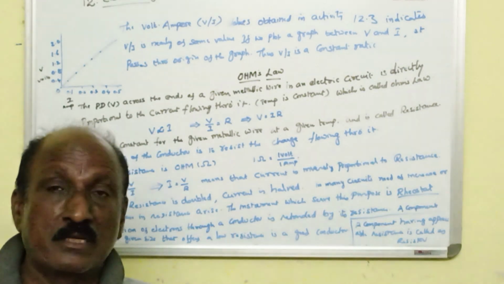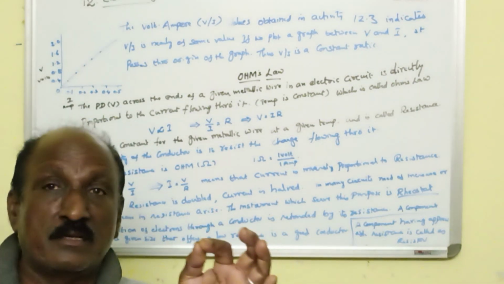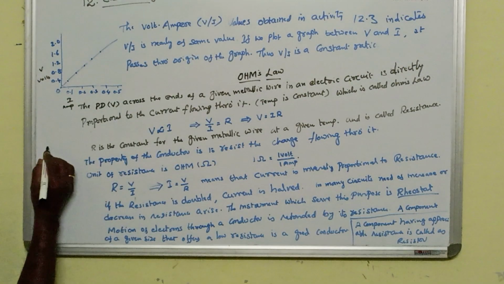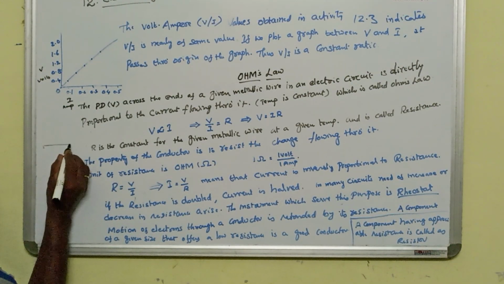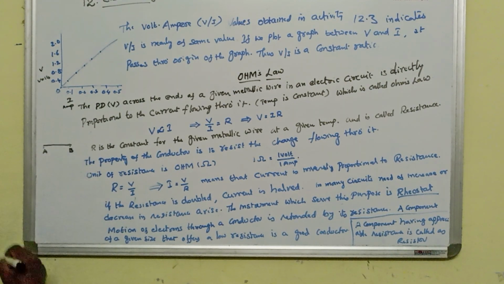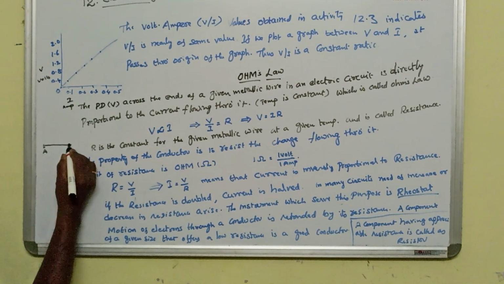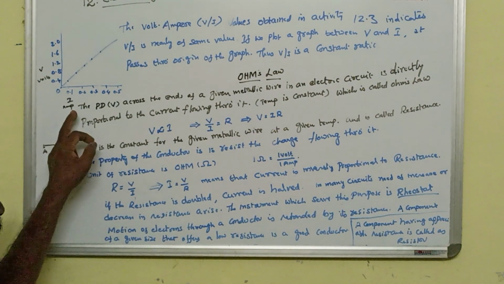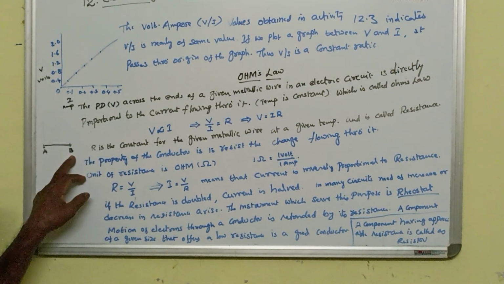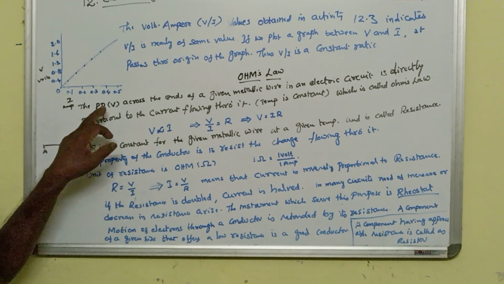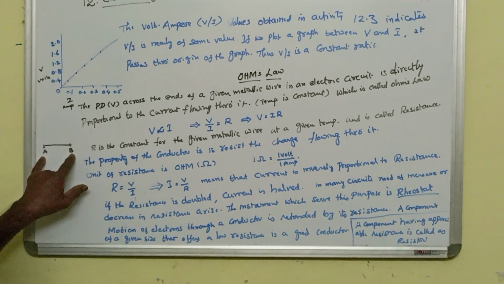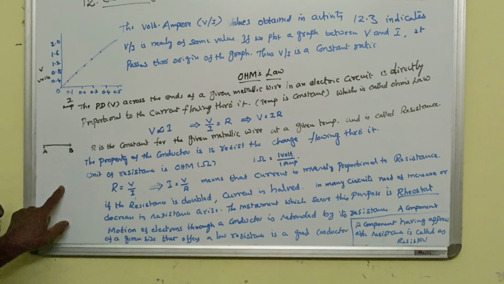In the previous session we took a wire of length AB and explained on this basis. Here also, if we consider the metallic wire AB, the potential difference across the ends A and B of the wire in an electric circuit is directly proportional to the current flowing through it.